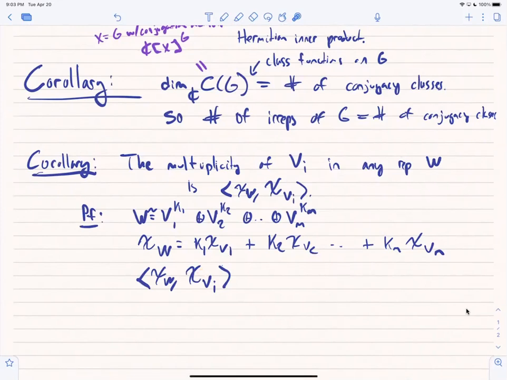That's what it means to be orthonormal. And when I pair the ith one with this, I'm going to get 1. Then I just pull out the coefficient in front. So this is equal to K_i by orthonormality. And this K_i is exactly what you mean when you say the multiplicity of V_i in W. Okay, so that's a corollary.